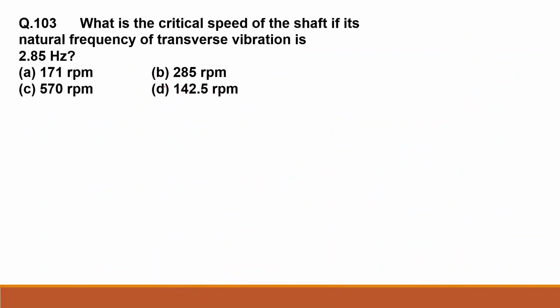Moving to the next question, question number 103. What is the critical speed of the shaft if its natural frequency of transverse vibration is 2.85 Hz? First, the critical speed of the shaft in revolutions per second is equal to the natural frequency of transverse vibration in Hz.